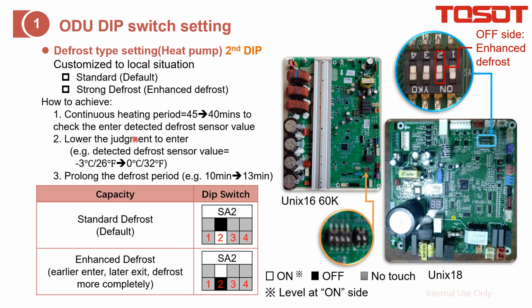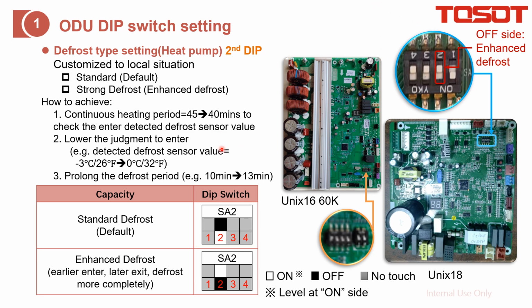And also the judgment, we can adjust from the original, for example, -3 degrees Celsius to 0. This can make it easier to enter the defrost. And also during the defrost, we will raise the compressor frequency to ensure it can defrost more completely. Meanwhile, we also adjust the defrost period from the original, let's say 10 minutes to 30 minutes.